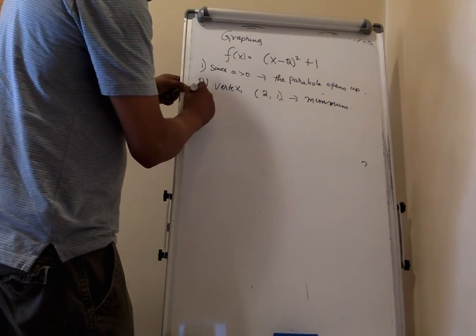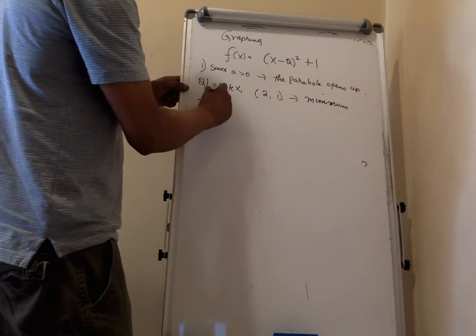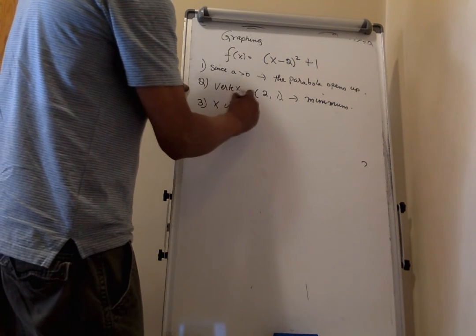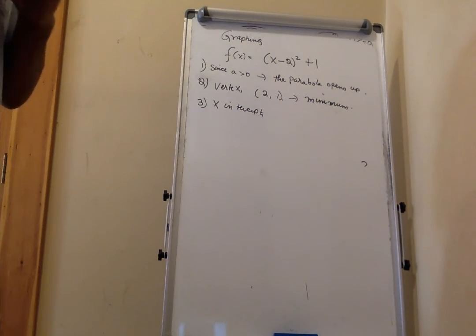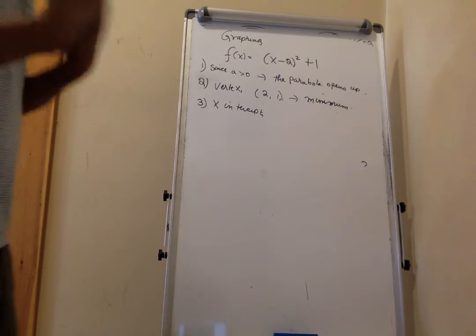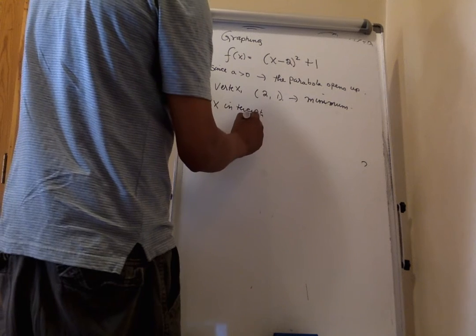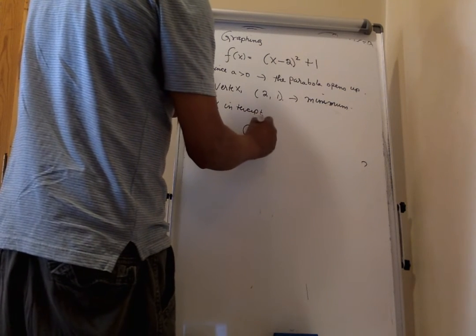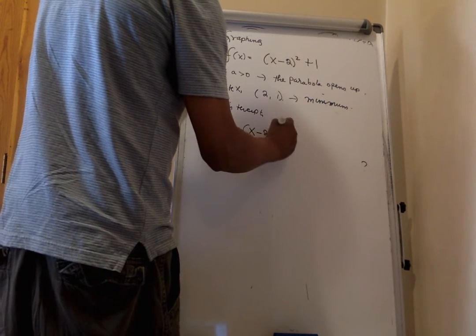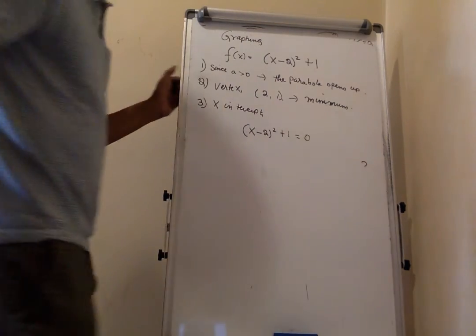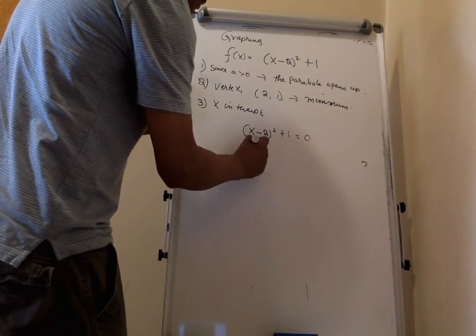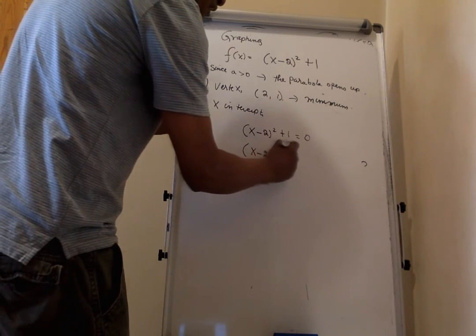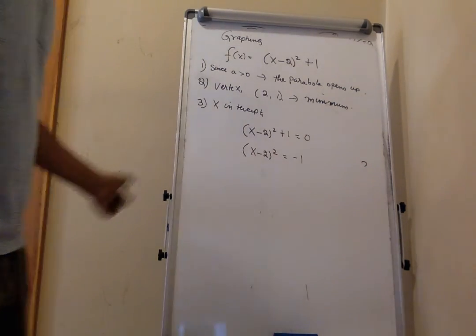Now, the x-intercept. Suppose there are no x-intercepts. So let's look at (x - 2)² + 1 is equal to 0. Then you do (x - 2)² is equal to negative 1.